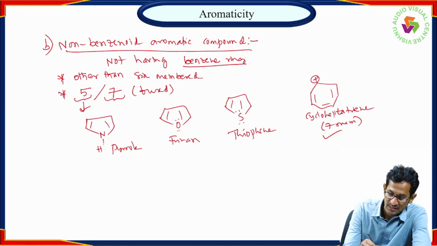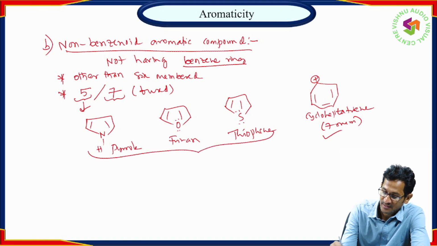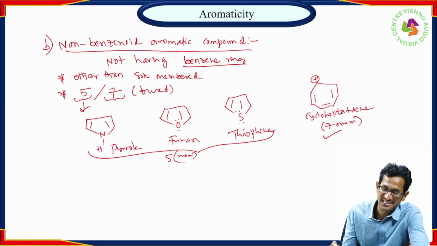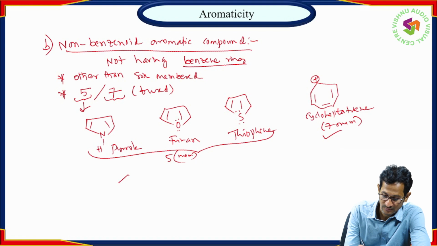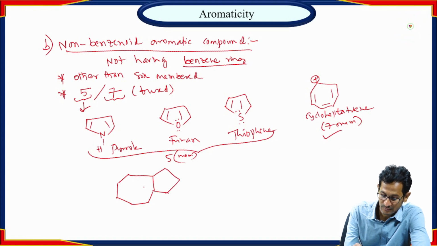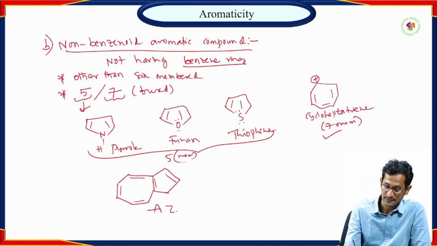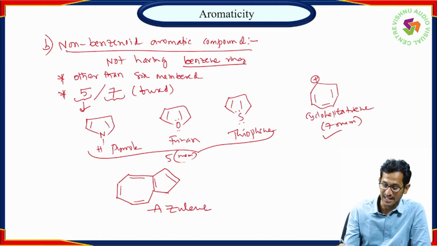So if it is an isolated 5-membered ring or a 7-membered ring, these all come under the non-benzenoid aromatic compounds. I will give one more example for the fusion of the 7 and 5. The name of the compound is azulene.